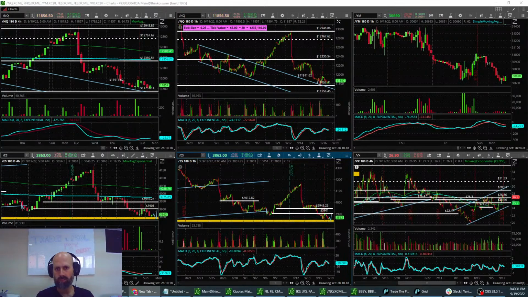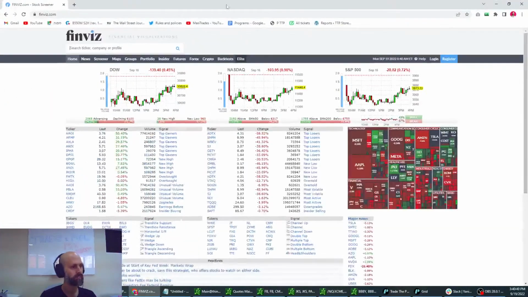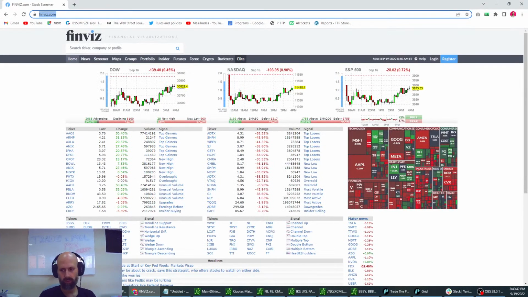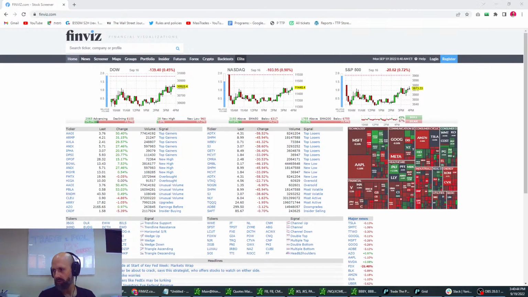I guess if you trade in stocks, most of you are familiar with this website, but if not, it's called FinViz. Let me put it in the chat. So finviz.com. Here it's basically a big screener that you can use to scan through all types of assets, like stocks and ETFs.